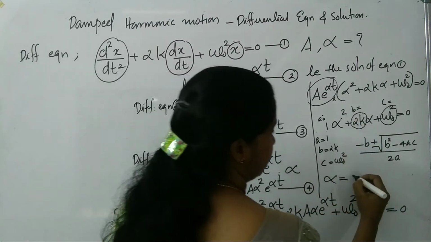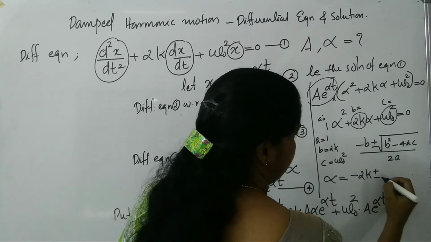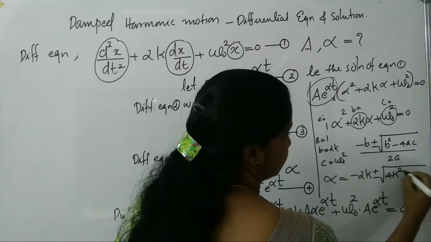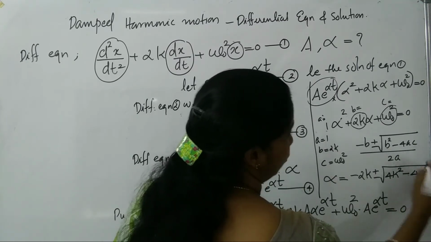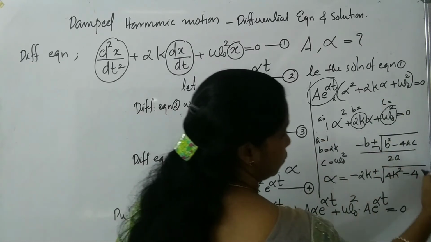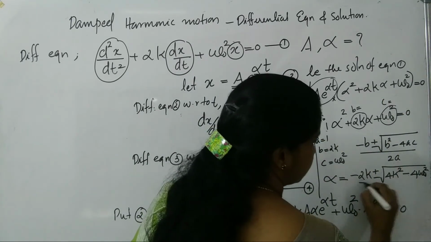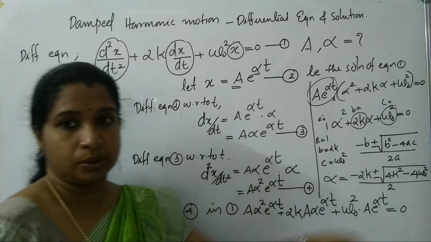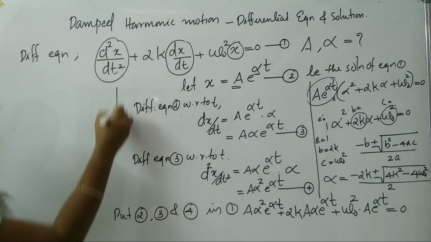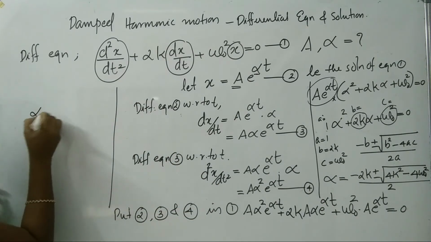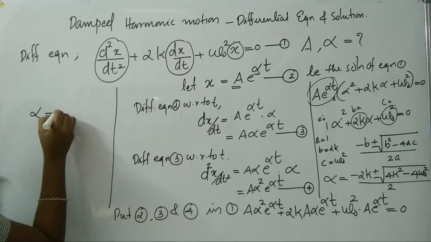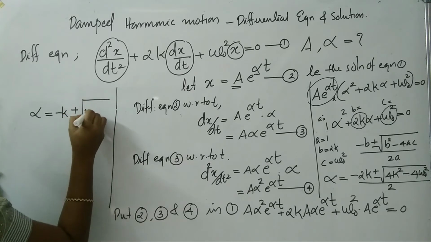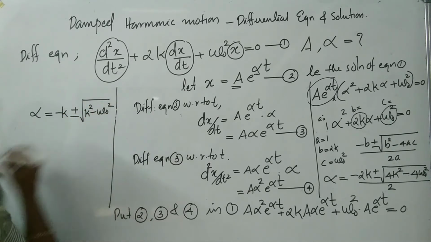So by solving the equation, we get alpha is equal to, what is alpha? Minus b, that is minus 2k plus or minus root of b square. B square is 4k square minus 4a, a is 1, c is omega 0 square, 4 omega 0 square by 2 into 1, 2. So we can cancel all the 2. So we get alpha is equal to minus k plus or minus root of k square minus omega 0 square.